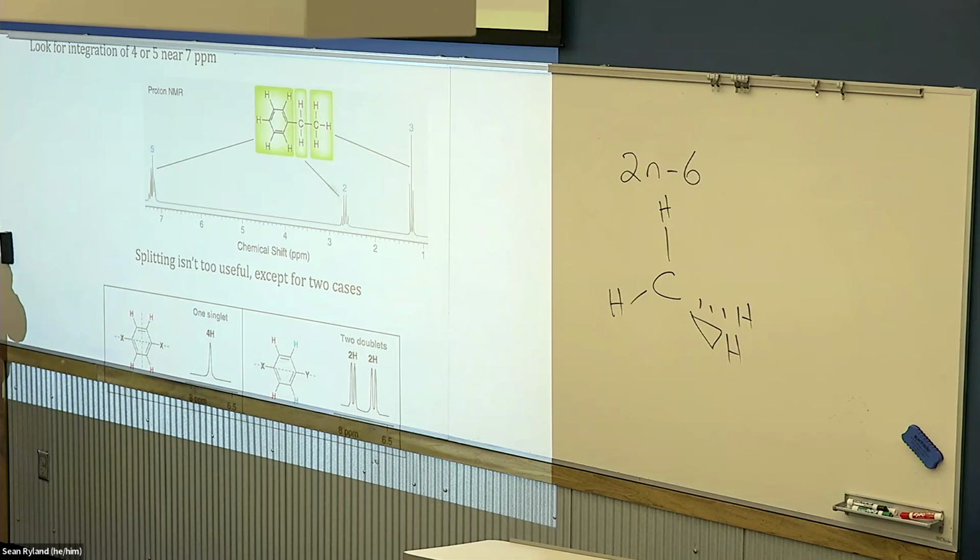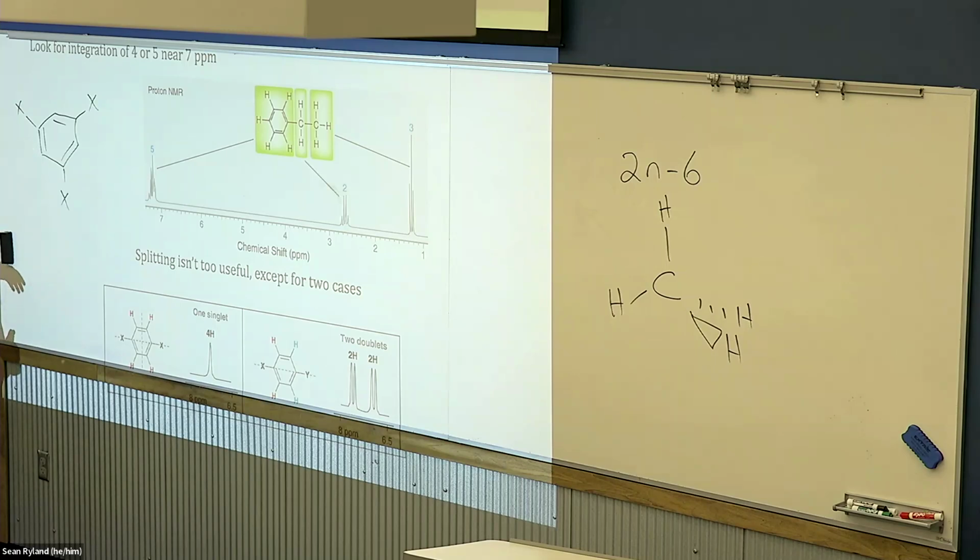I guess, in theory, if you had a tri-substituted benzene, where all of these substituents were the same, and they were meta, that would also give you a singlet, except with an integration of 3 in that case, right? So if you have a high degree of symmetry in your substitution, then sometimes you can see that.